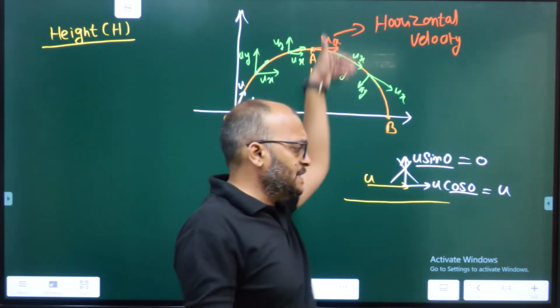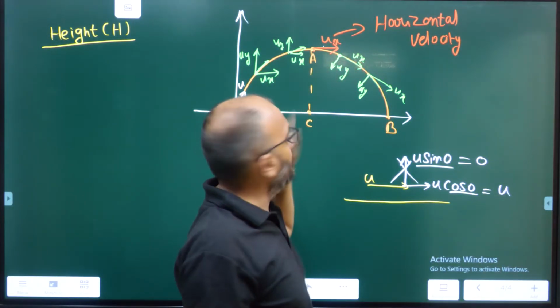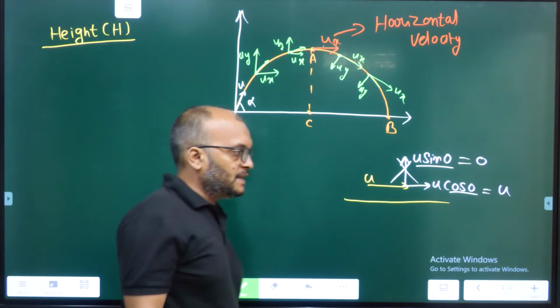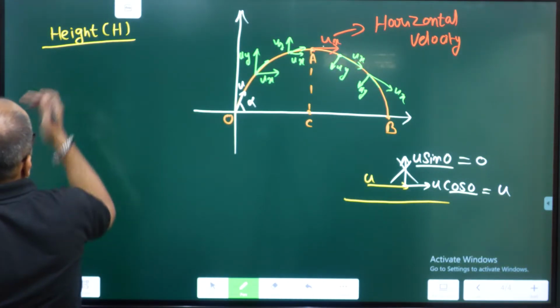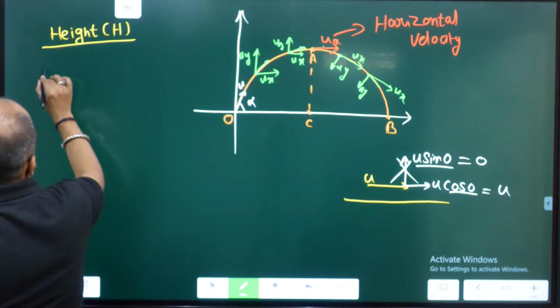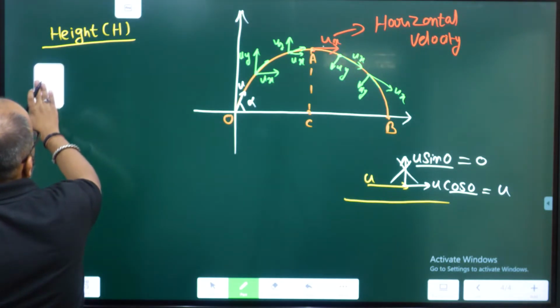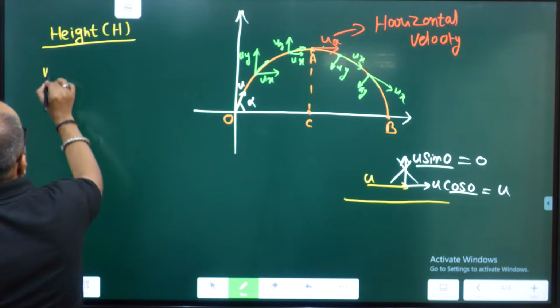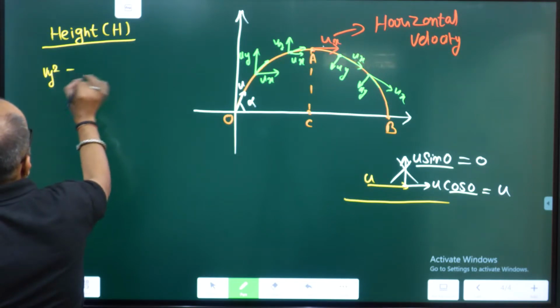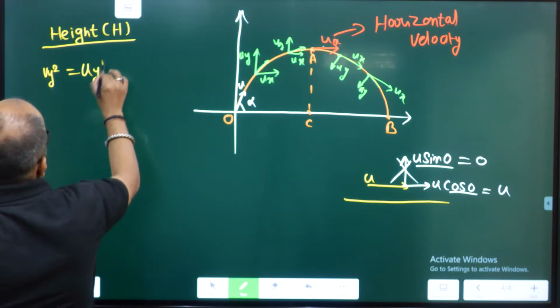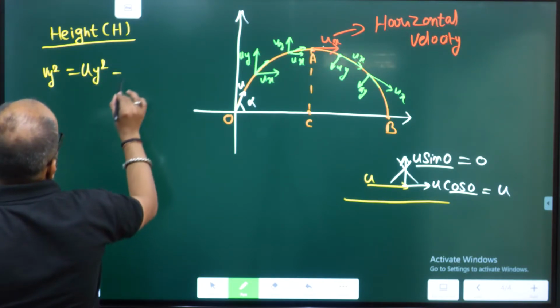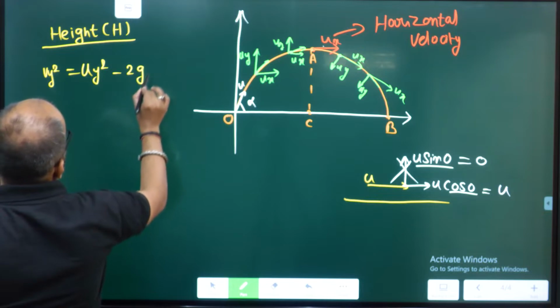Height is the vertical distance at point A. So the vertical distance will be Sy. Yes or no? So I am going to apply the formula Vy square is equal to uy square minus 2gh.